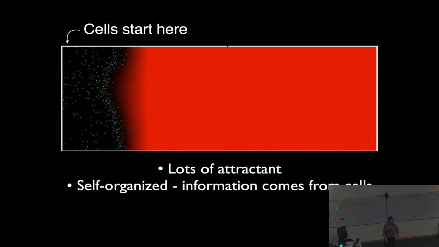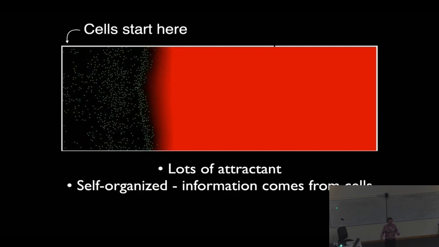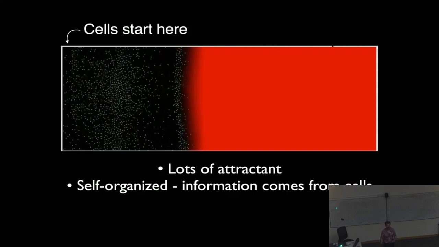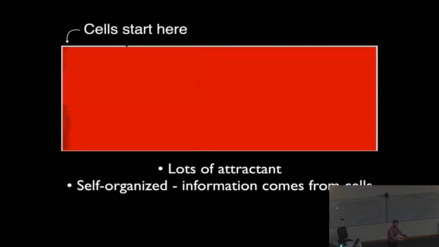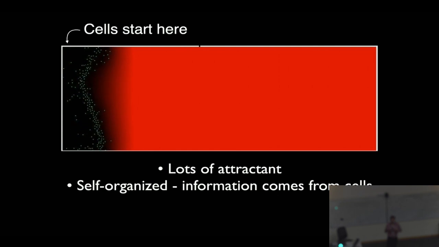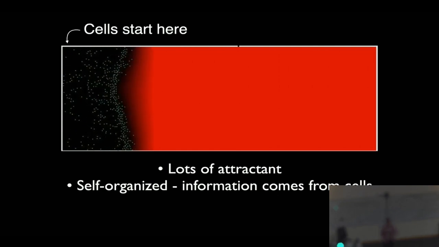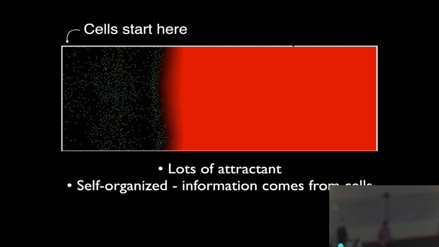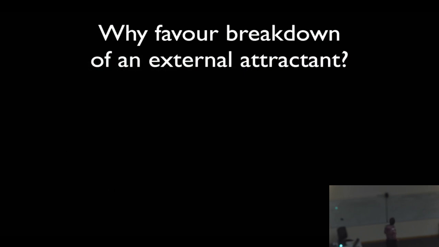And again, just to keep hammering this point home, this gradient is self-organized. The cells create the gradient while they are moving up it. They don't create the attractant in this scenario, but they do create the gradient of the attractant, and it's the gradient that has the information in it.